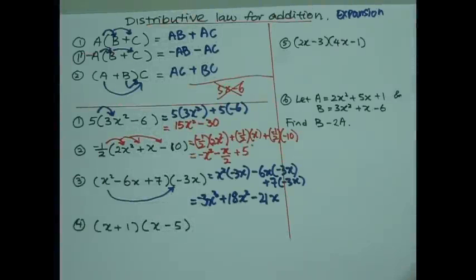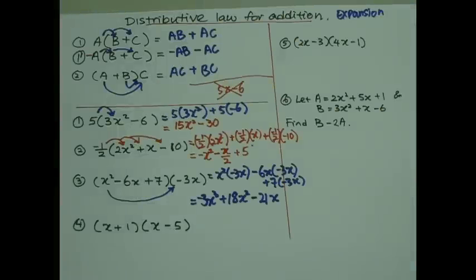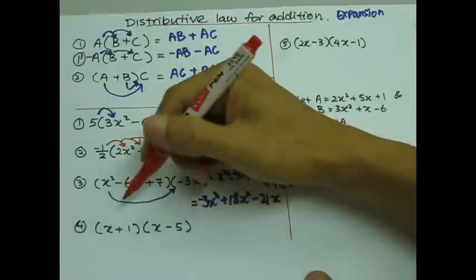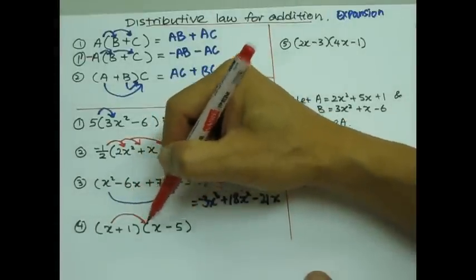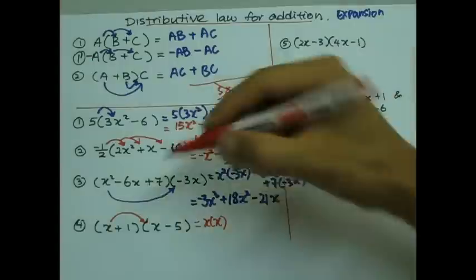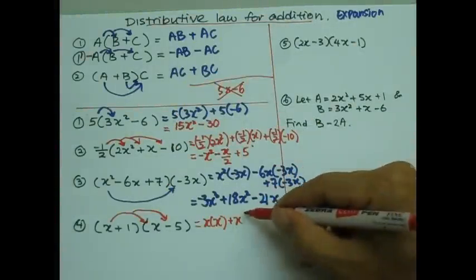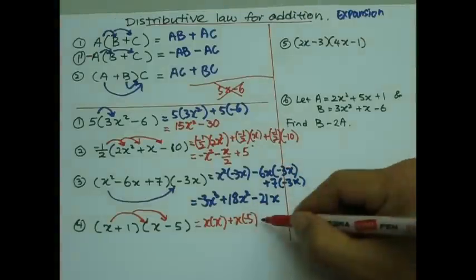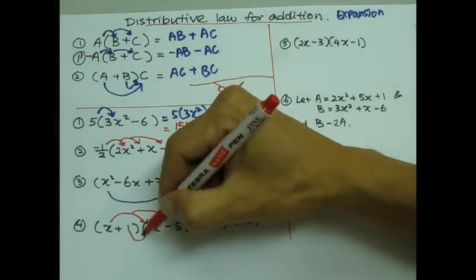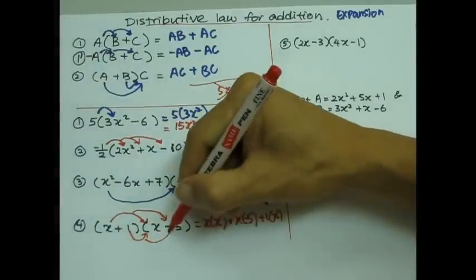You can pause now, and once you finish, press the play button again and check your answer. Alright, let's get started. So x times x gives me x times x, and then next x times negative 5, so plus x times negative 5, and then plus 1 times x, and then 1 times negative 5.